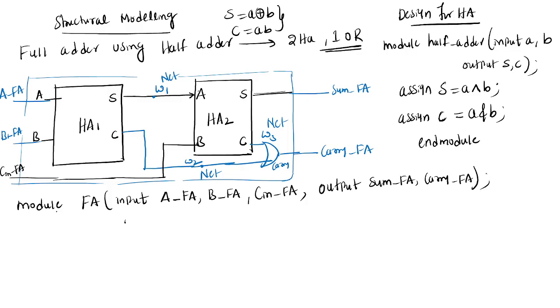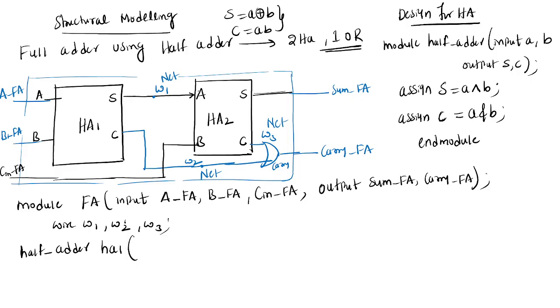I need to declare the wires. How many internal wires are there? Wire W1, W2, and W3. These are the wire data type. Then the first half underscore adder, let us take this is HA1, which is an instance name.